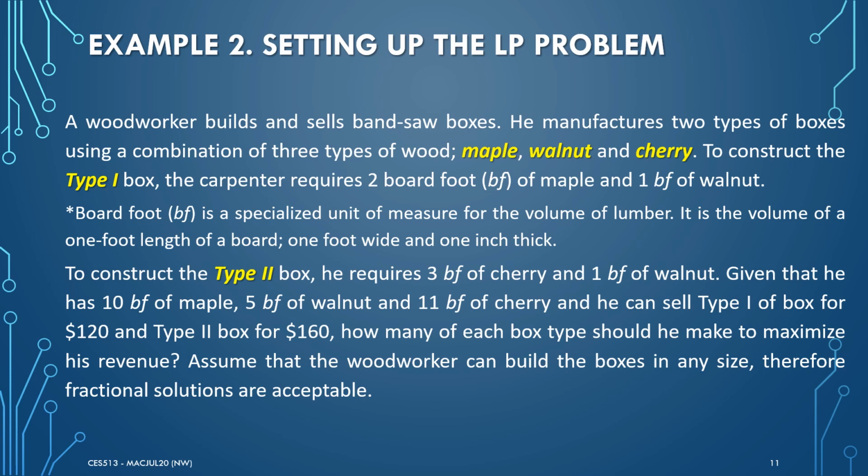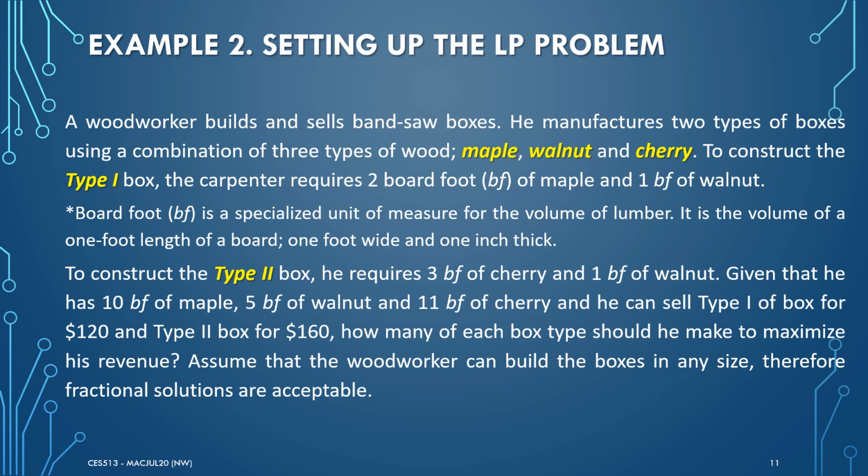Board foot or BF is a specialized unit of measure for the volume of lumber. It is the volume of a 1 foot length of a board 1 foot wide and 1 inch thick. To construct the type 2 box, he requires 3 board foot of cherry and 1 board foot of walnut.